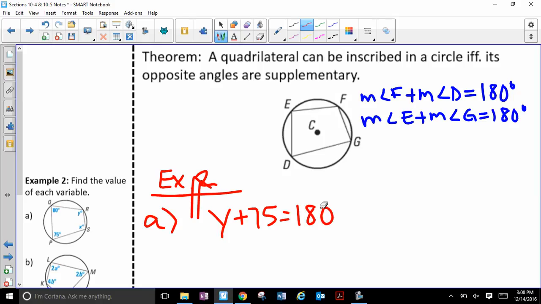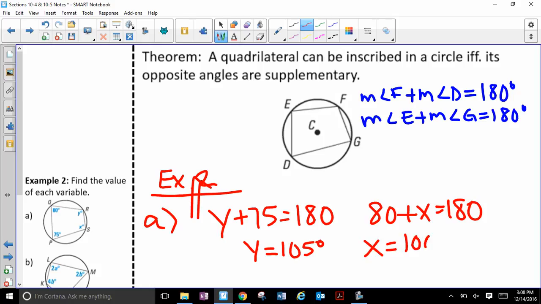And then I also know that 80 plus x has to equal 180, because those are opposite pairs of angles, and according to this theorem, they're supplementary. So when you subtract the 75, y is going to be 105 degrees. And when you subtract 80, x has to be 100 degrees.